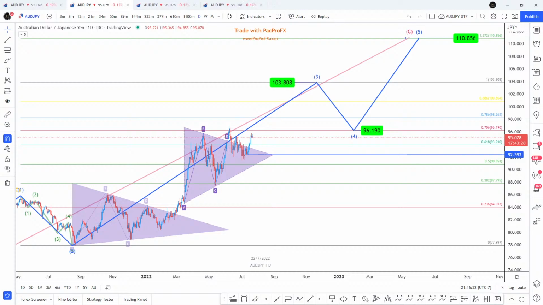And just as a consolation for you guys for staying with me so long, and especially tonight in slow motion, I'm going to give you a little tip right away, and that is that the Australian JPY is pretty much almost ready to continue upwards on a wave 3.